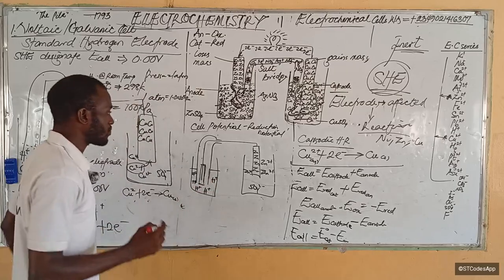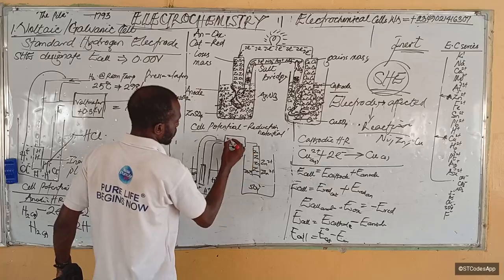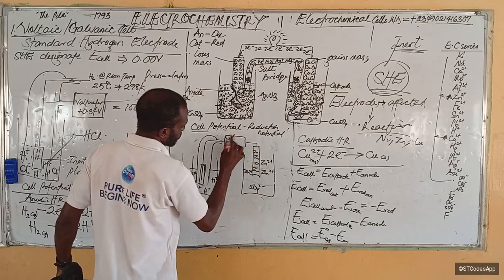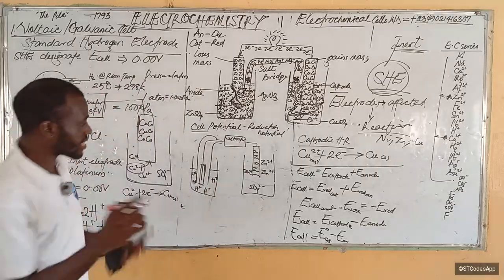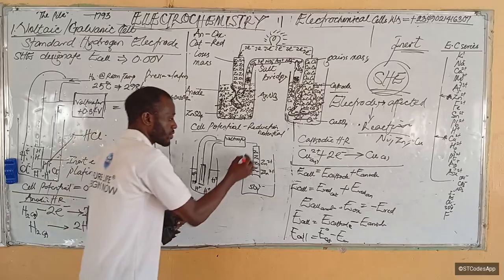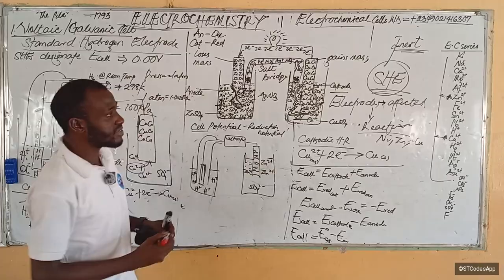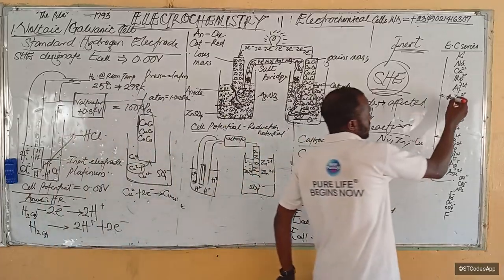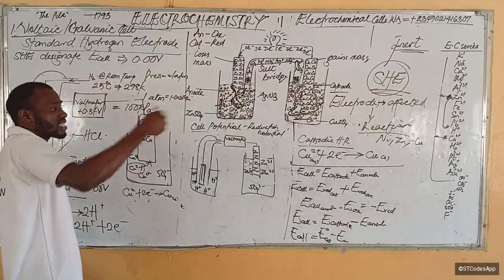Now, what will happen in this case? You connect your voltmeter to record the voltage, right? A different thing will happen here. Given that zinc is higher up in the series, it will be the one to donate electrons.